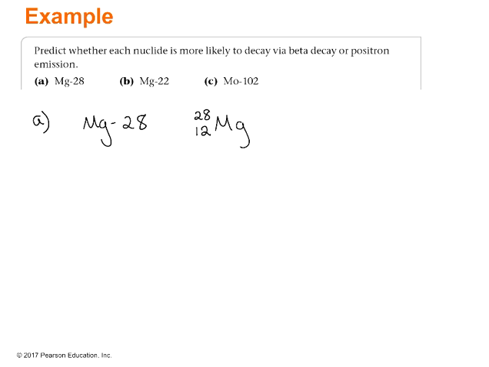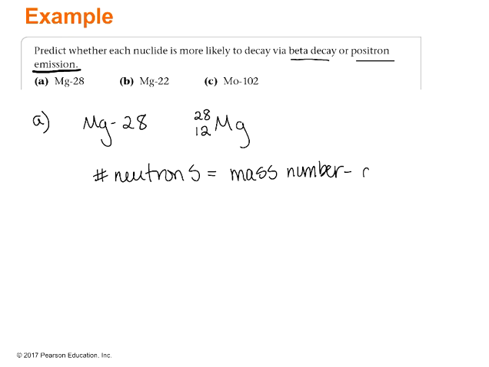Now, if we want to determine whether this isotope is likely to decay via beta decay or positron emission, we need to look at the neutron to proton ratio, and we need to determine if it's too high or too low. All right, so let's calculate how many neutrons this isotope has. Now remember, the number of neutrons is equal to the mass number minus the atomic number.